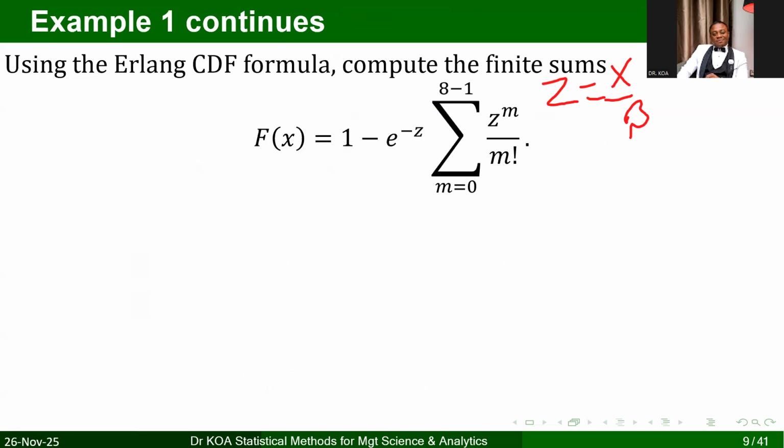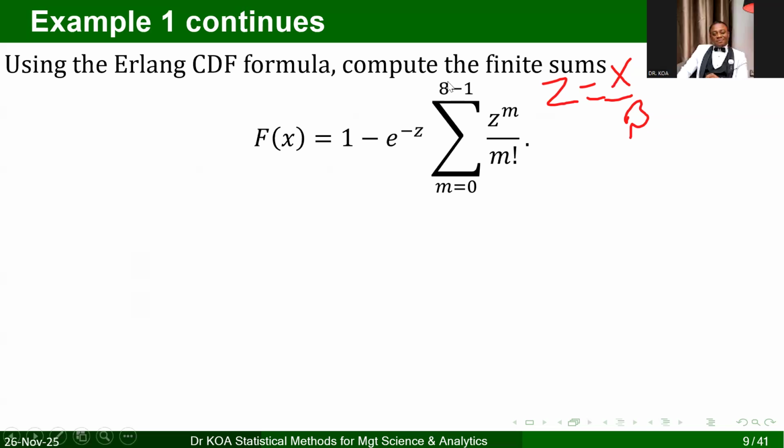Okay. So this is it. If you can remember, the formula is 1 minus e raised to the power negative z, and then the sum up to alpha minus 1. Alpha, I've just put it there directly because we know the value of alpha is 8? Yes. Okay. Very good.